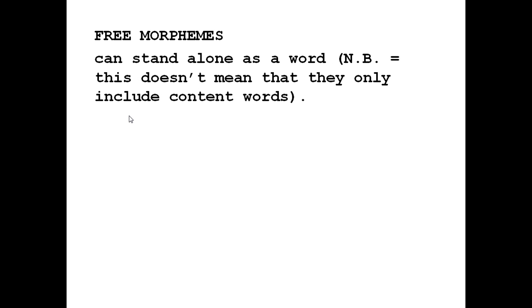Now, as I said, child could also be called a free morpheme. A free morpheme is a morpheme that can stand alone as a word, child, for example. Of course this doesn't mean that free morphemes can only be lexical.